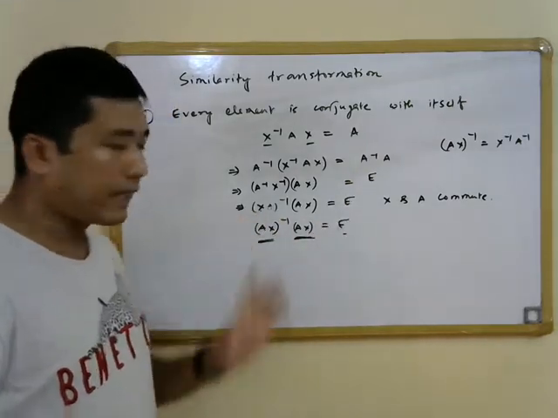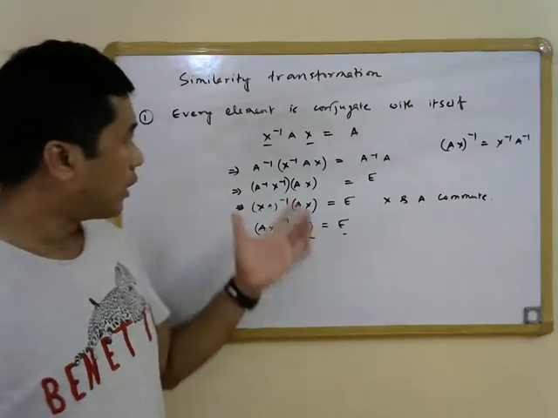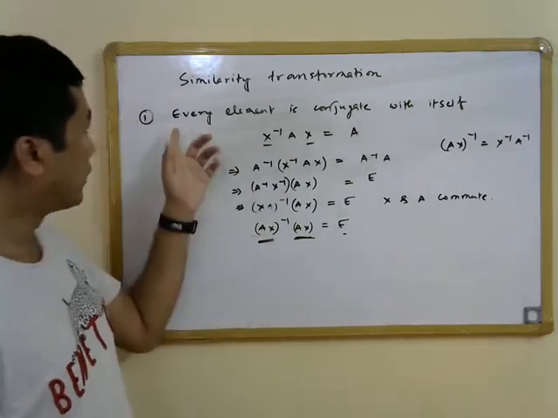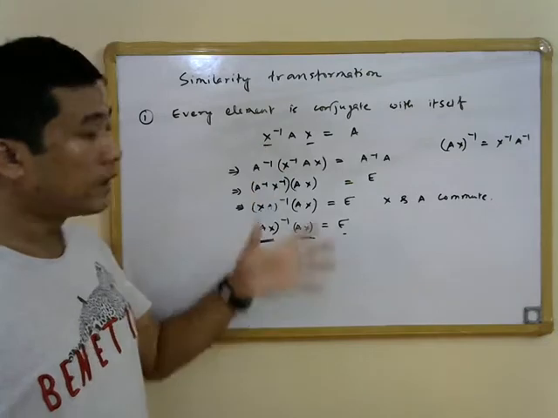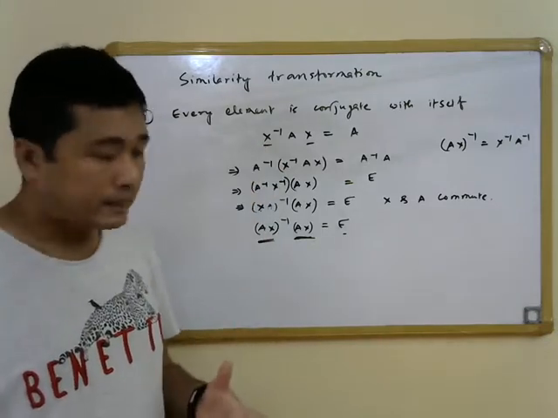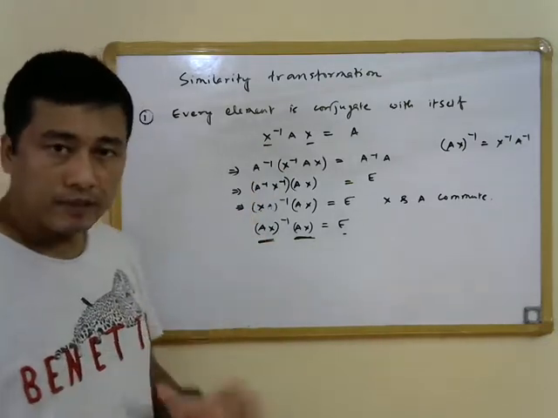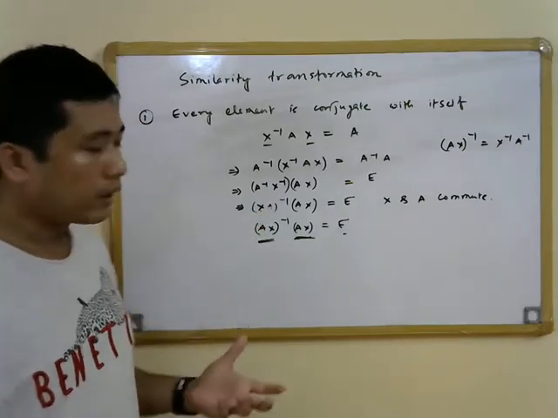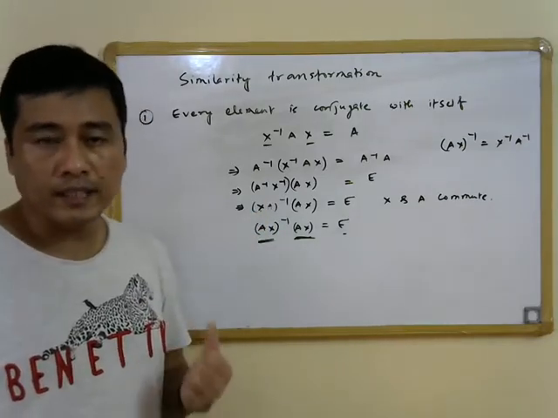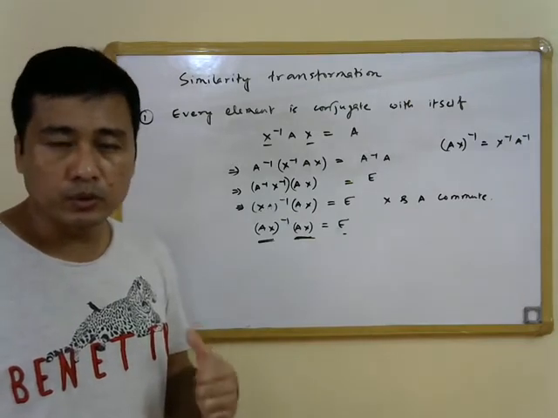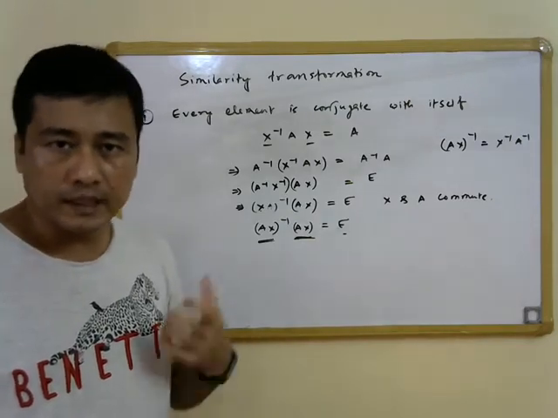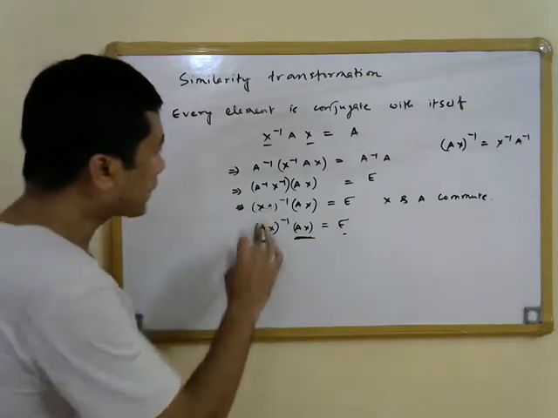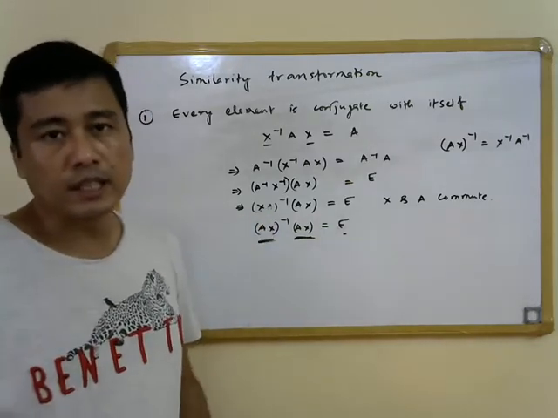So now the element X that we are looking for, which must be present for every element to be conjugate with itself, is such an element which commutes with the element A. In case of mathematical groups, we have learned that there is always an element which commutes with all other elements of the group, that is the identity element. So X can be equal to the identity element.